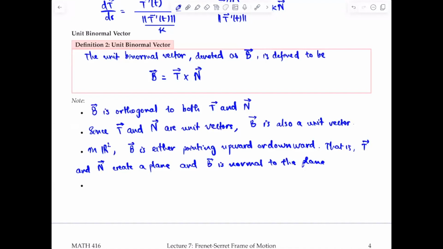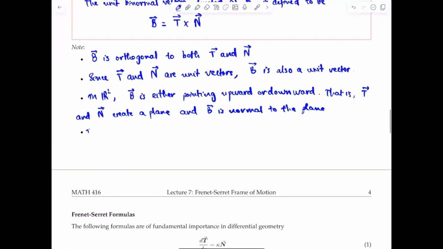But in terms of space curves, so in the three-dimensional case, in R3, B is changing as we move along the curve.